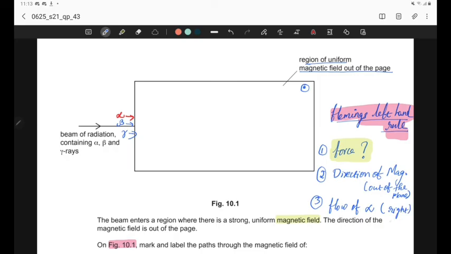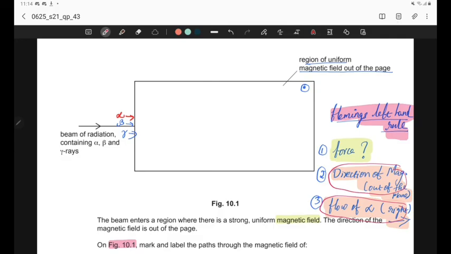Initially the alpha particles, and all the beams, are moving towards the right. So we can point the second and third fingers according to this: the second finger with the magnetic field out of the plane, towards your face, and the third finger, or middle finger, towards the right.